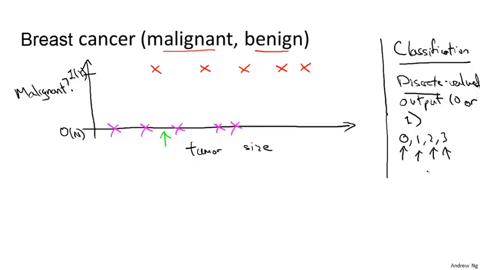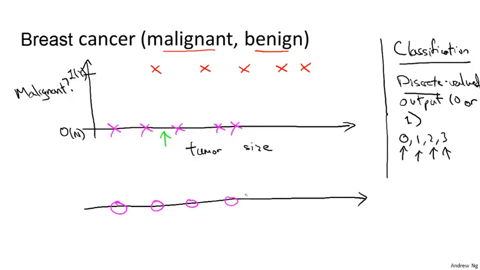It turns out in classification problems, there's actually another way to plot this data. I'm going to use slightly different symbols to plot this data. If tumor size is the attribute or feature that I'm going to use to predict malignancy or benignness, I can also draw my data like this. I'm going to use different symbols to denote my positive and negative examples.